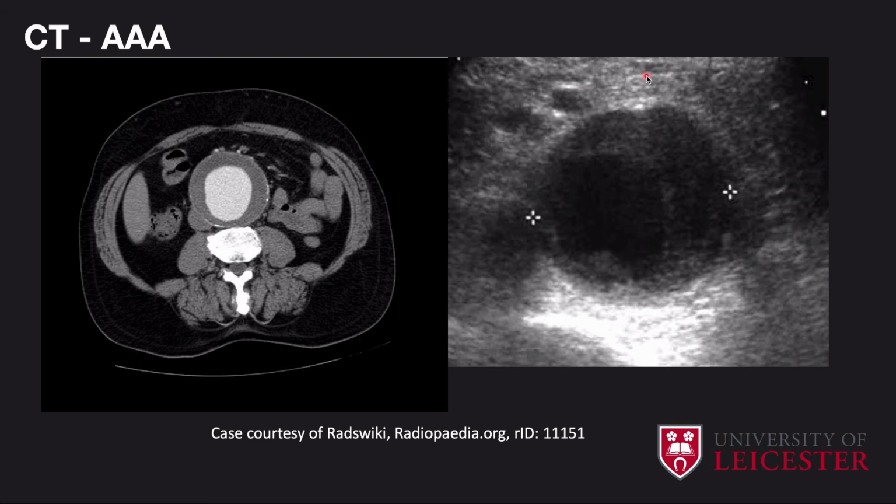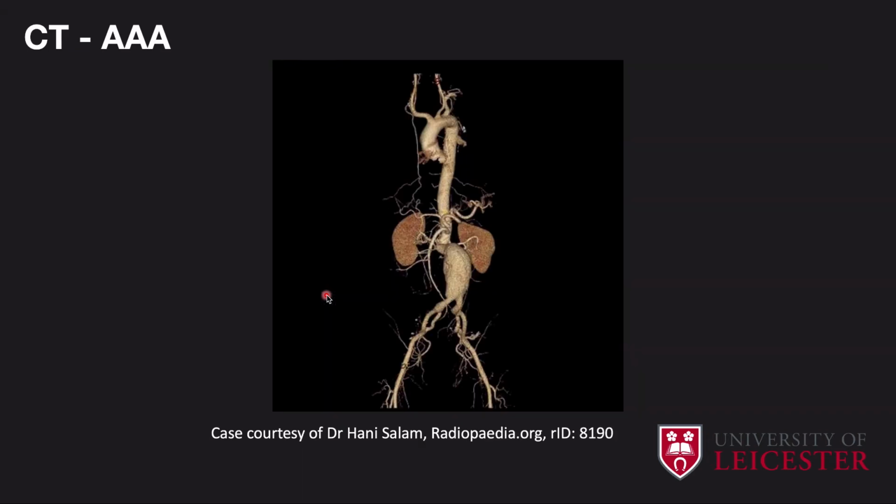If we need to proceed to repair, we will need a CT scan because we need all the anatomical information down to the millimeters. And of course, we can do the same with 3D reconstruction and display the aneurysm in its entirety, seen here.